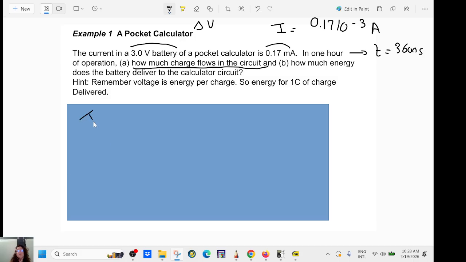The definition for current is how much charge is flowing per second.